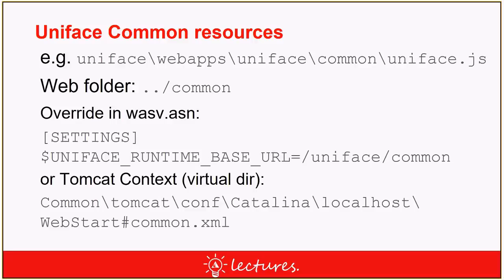So you've got two choices. You can either tell Uniface in the assignment file where that's deployed to, this Uniface runtime base URL, Uniface common. Or I could create another virtual directory. The hash sign at the bottom here is just another virtual directory inside WebStart. And I just tell it where that physically lives and point it at the same Uniface location. And that's it. That's all available.